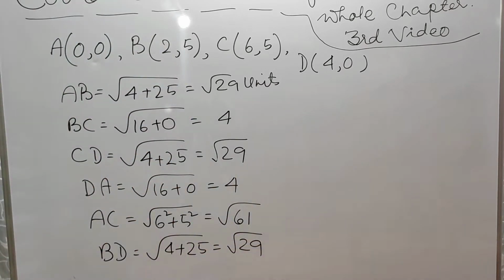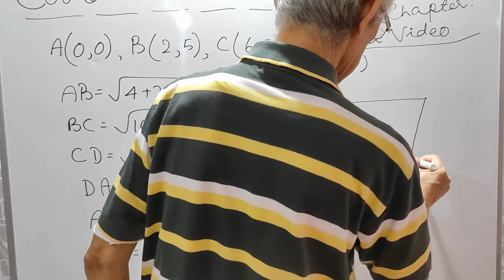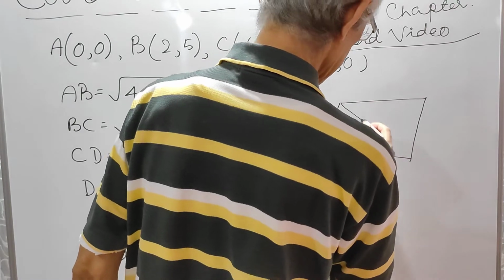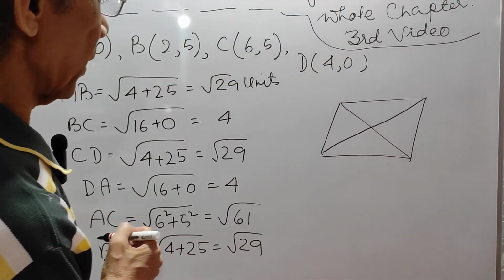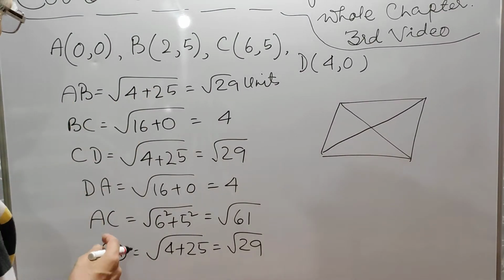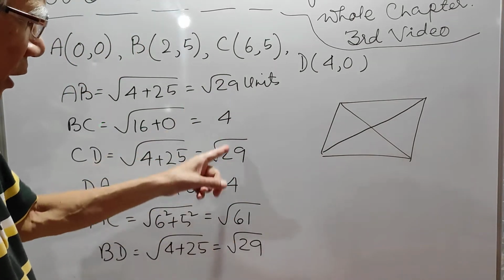Okay. Now, you see, AB and CD are equal, root 29 and root 29.